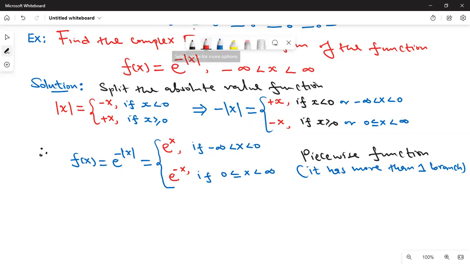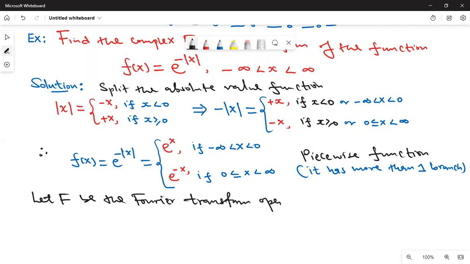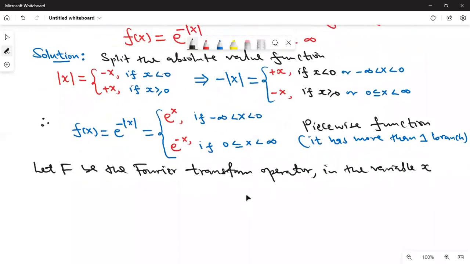Remember from the definition of the Fourier transform, let f be the Fourier transform operator in the variable x, because it is x that extends from negative infinity to positive infinity.